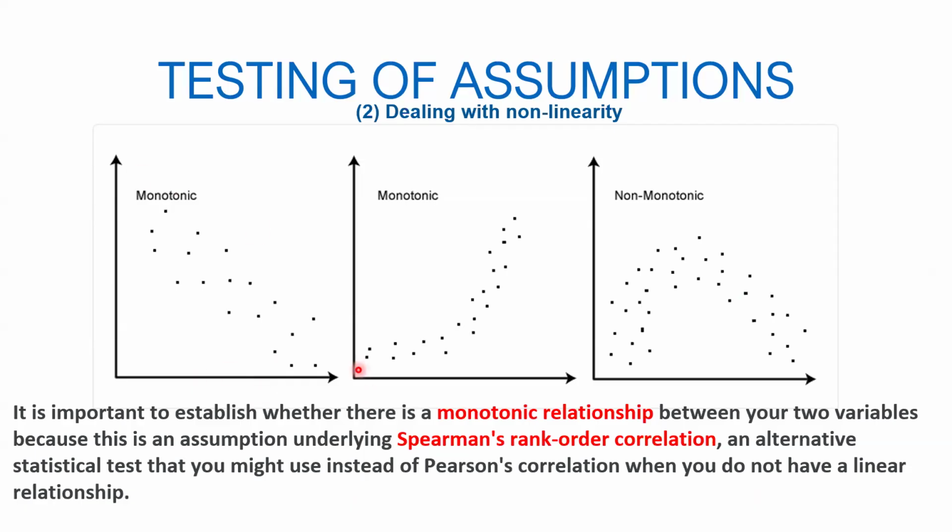But if it is curved, in this case non-linear, but monotonic because as we go to the right it increases, then you can use Spearman correlation. But the moment it is non-monotonic, then you could not use Pearson nor Spearman correlation.